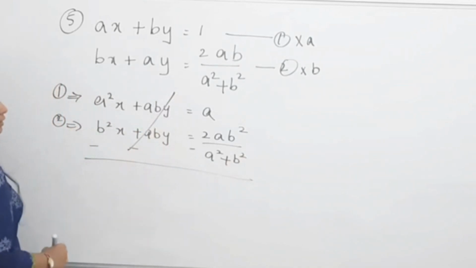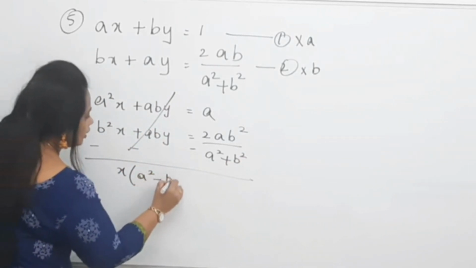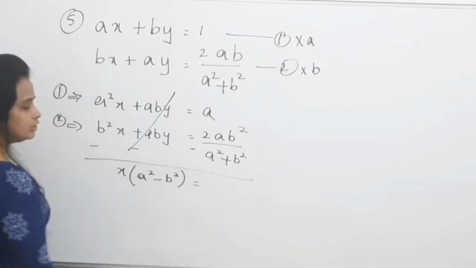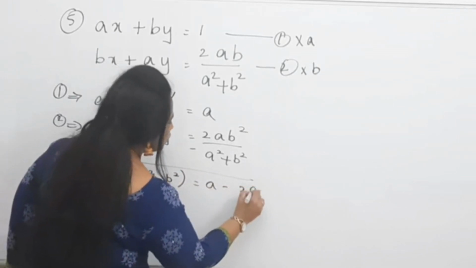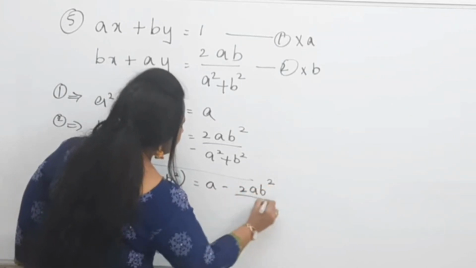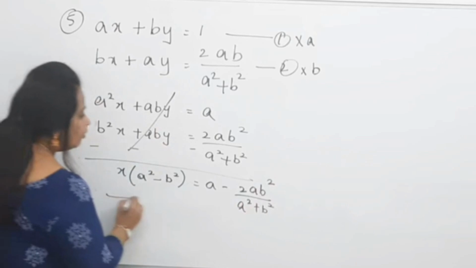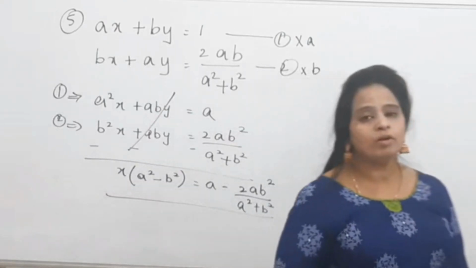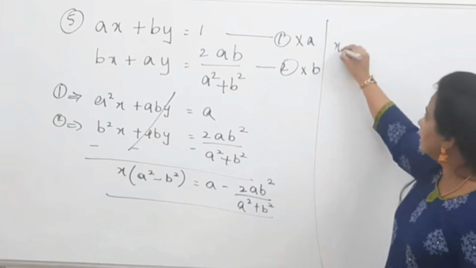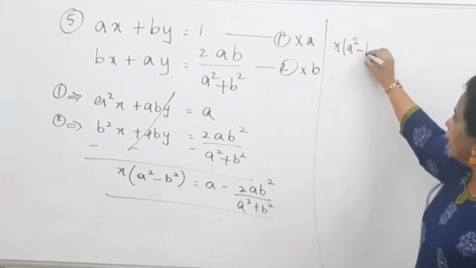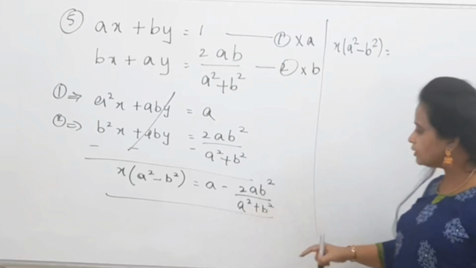So I get cancelled. Now x is common. I'm left with a square minus b square, which is equal to a minus 2ab square divided by a square plus b square. Now I have to take the LCM on my left side. So my left hand side becomes x into (a square minus b square) is equal to, my LCM is a square plus b square.